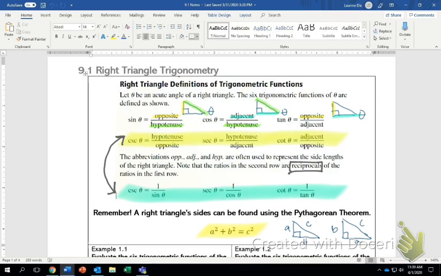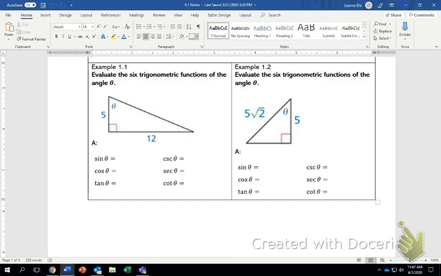All right, so let's go ahead and use those relationships, those ratios, to answer the example 1 questions. So here in example 1.1 on the left-hand side, we have a triangle, and our two leg lengths are 5 and 12, but we don't know our hypotenuse.